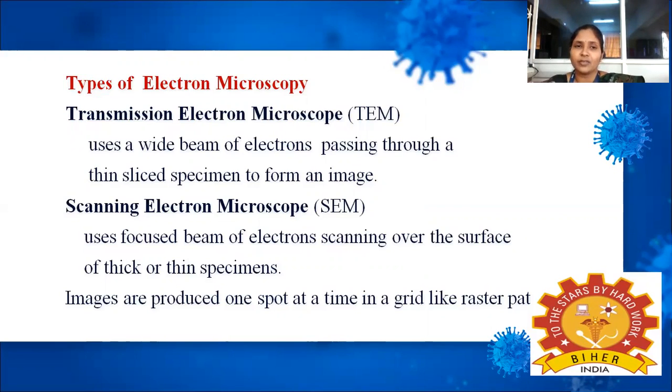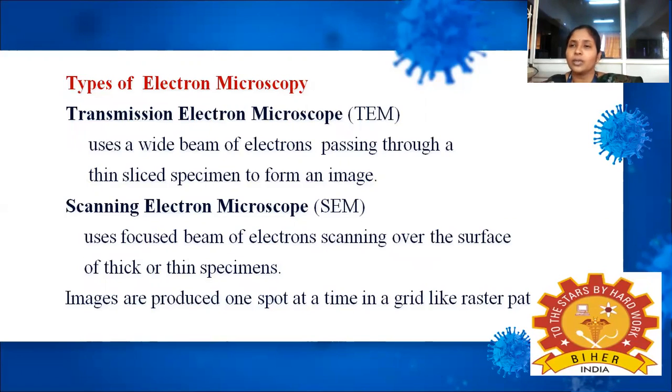But what is the basic difference between the transmission electron microscope and scanning electron microscope? Scanning electron microscope uses a focused beam of electrons to scan over the surface of thick or thin specimens. So it will not penetrate deep inside the specimens.